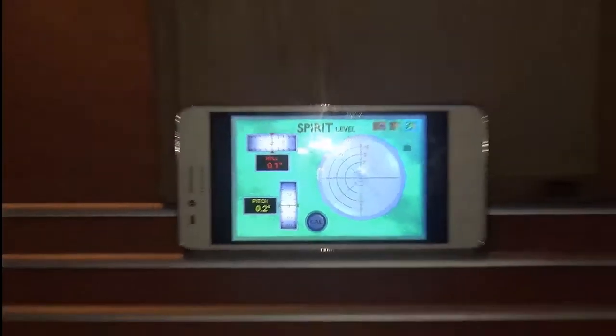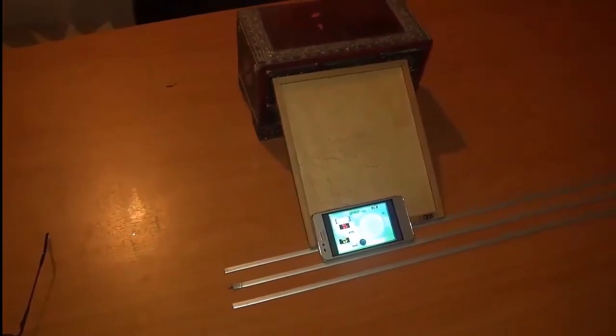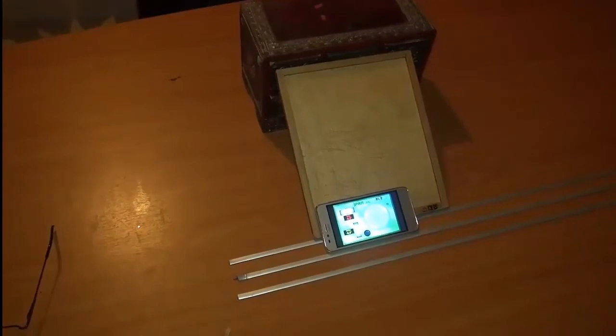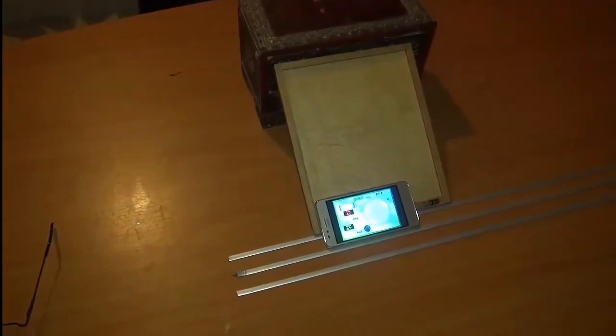Okay, so this shows how the app can be programmed to determine what its original level is and therefore read any changes in that level. So on with the experiment.